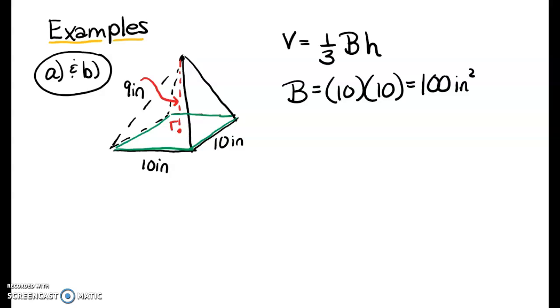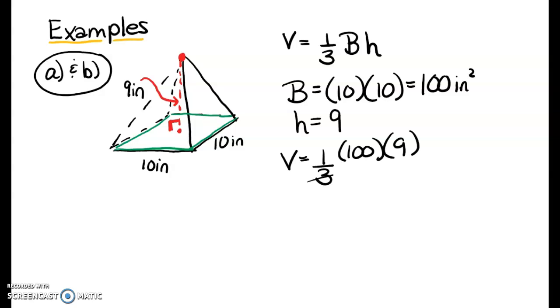So now when I look for the height, I know the height of my pyramid because it goes from my apex all the way down in a perpendicular fashion, right? Here's my perpendicular symbol. My height is now 9 inches. So I just need to plug those into my formula. And you will notice that the 3 and the 9 reduce nicely.